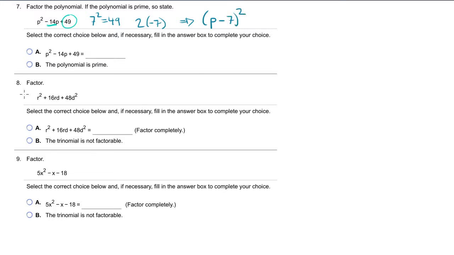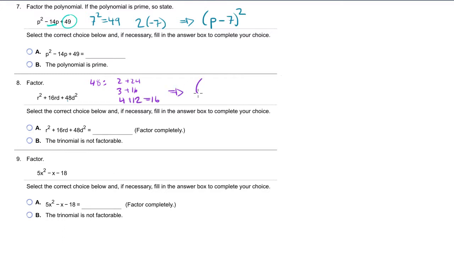Okay, 8. Not a perfect square here, 48. So we're going to use pull apart factoring. r squared plus 16rd plus 48d squared. We're going to take the factors of 48, and we're going to look at those. 2 plus 24, no. 3 plus 16, no. 4 plus 12, yes, that's 16.